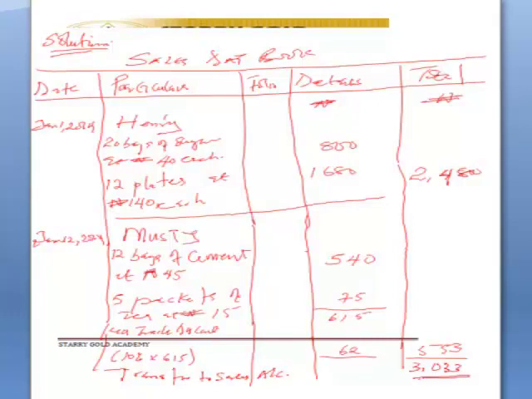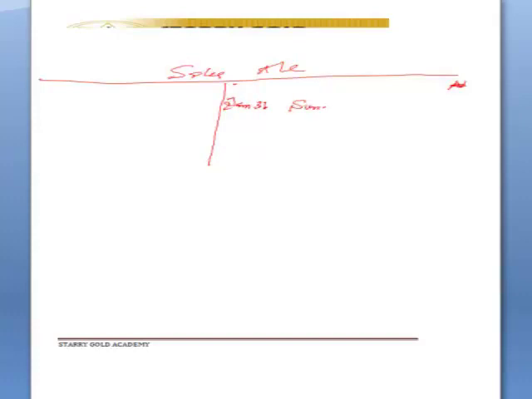So this is the total we are transferring to sales account. In the next page, we'll come here, we'll have the sales account. Come here, that will be the last date, January 31st. We shall say it is sundry, and that is 3,033. So this is for the year 2014.